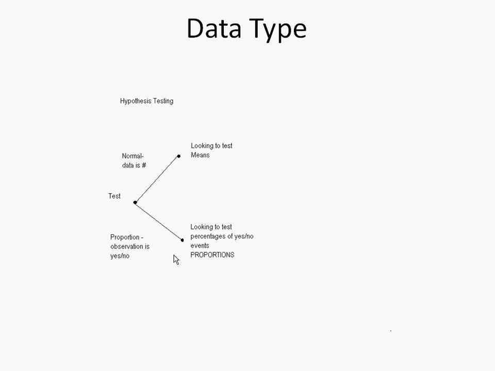That is your yes, and that's the number of yeses that you count over the total to give you what we'll call later a sample proportion, or the percentage of yeses. Of course, if you have a percentage of yeses, everything else must be other than a yes or a no. So you look only at the percentage of yeses. But that's the first question. What kind of data do you have? And that sets you on your road.